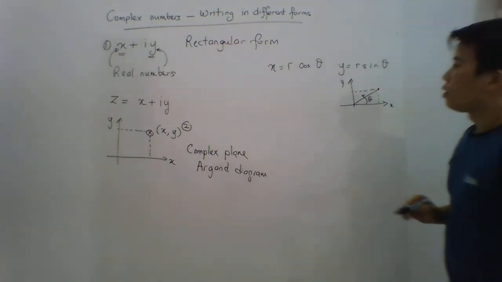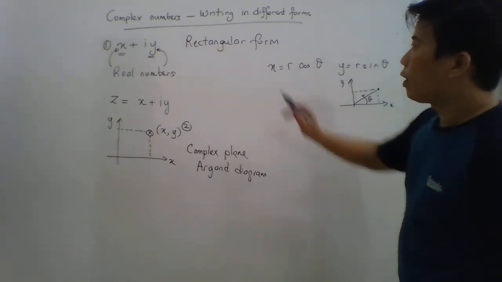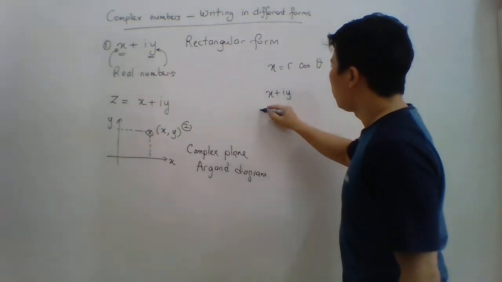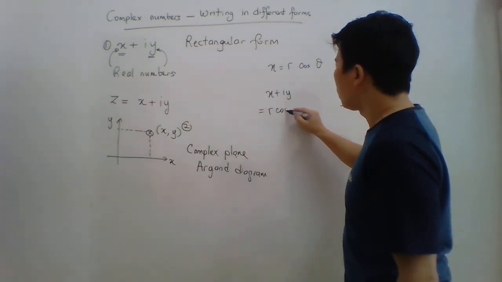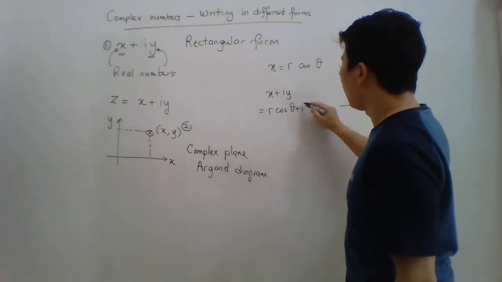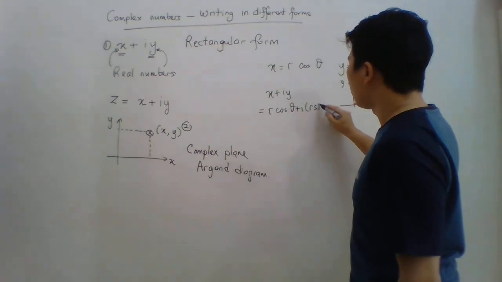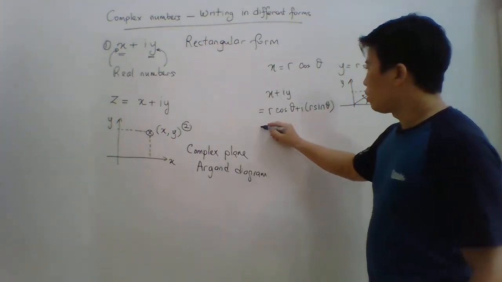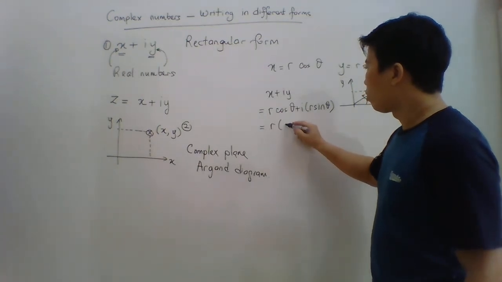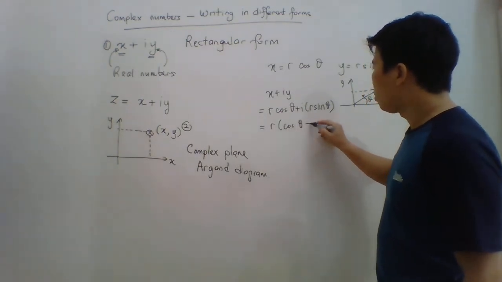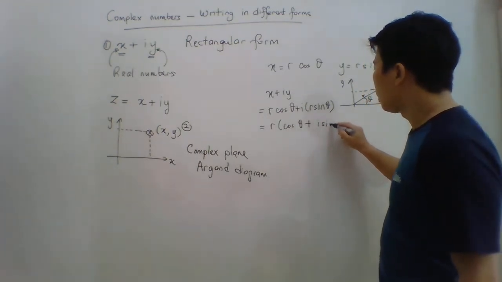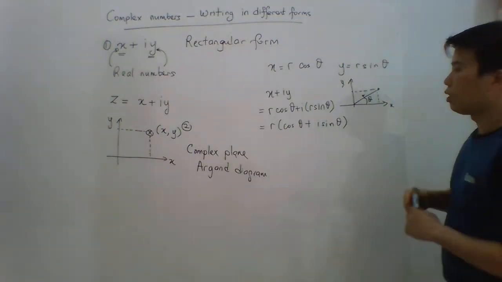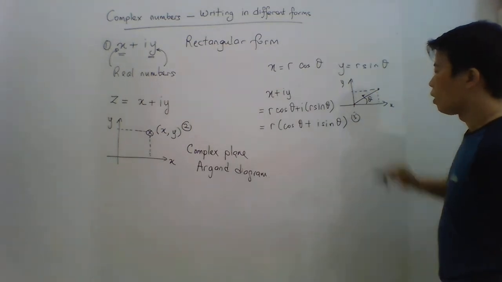Okay, so in this case you can write x plus iy to be equal to r cos theta plus i r sin theta. And here you can factor your r out so that you have r times cos theta plus i sin theta. So this is another way to represent this. So this is the third one.